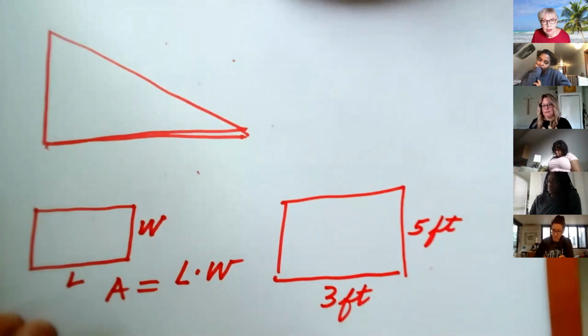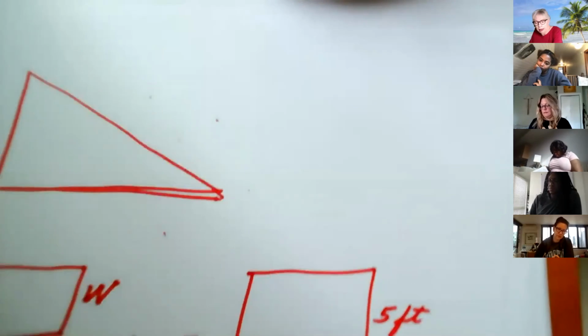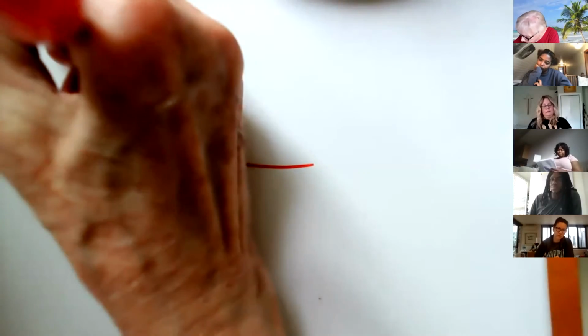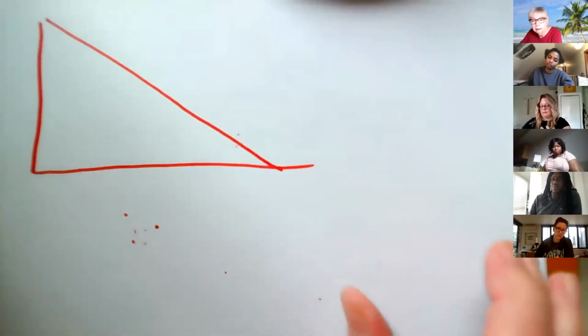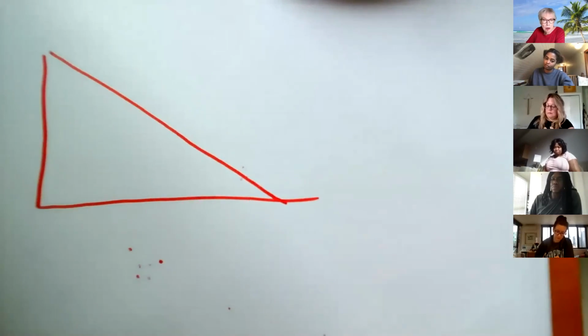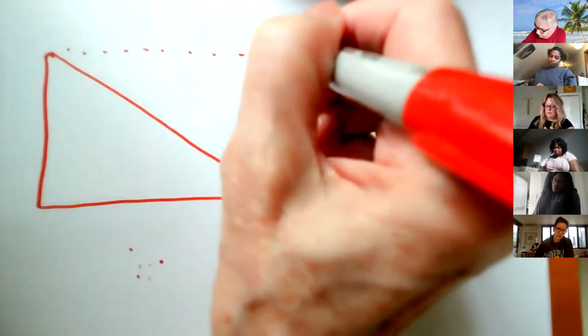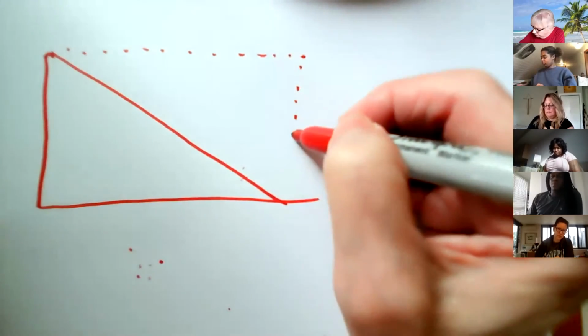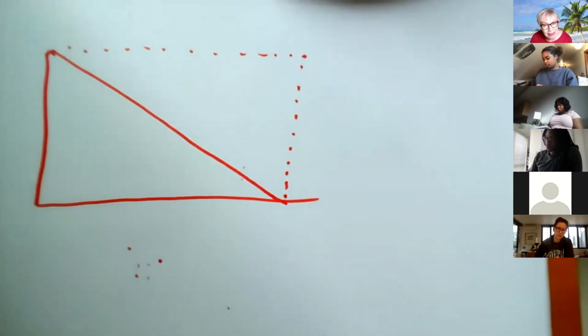Now what I want you to do is look at the triangle, and I could have drawn it better, so I'm going to try again. Okay, there's my triangle. I'm putting little dotted lines to help you.